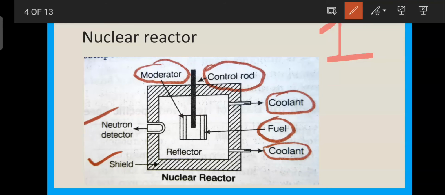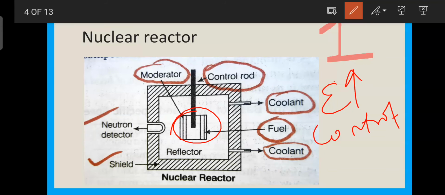The chain reaction that starts when fission is done must be controlled, otherwise the rate of energy will be very high, and there is a chance of a very high explosion.